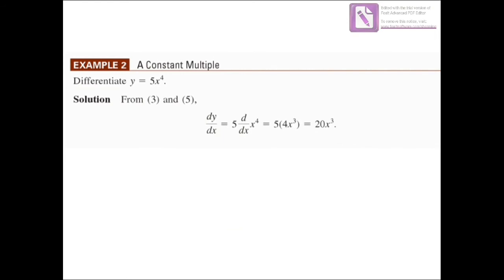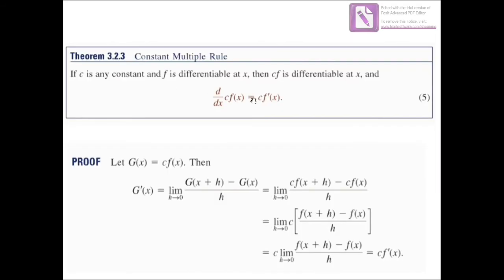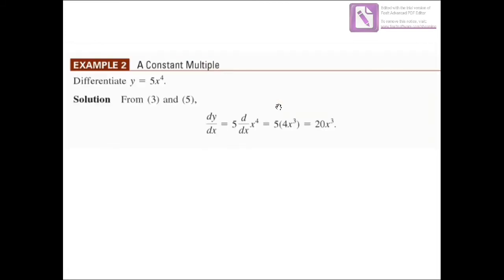Example 2, a constant multiple: differentiate y is equal to 5x to the power 4. So here our function is 5 multiplied by x to the power 4. It is a constant multiplied by a function. So the derivative will be equal to the constant multiplied by f prime. So dy over dx will be equal to 5 multiplied by d over dx of x to the power 4.